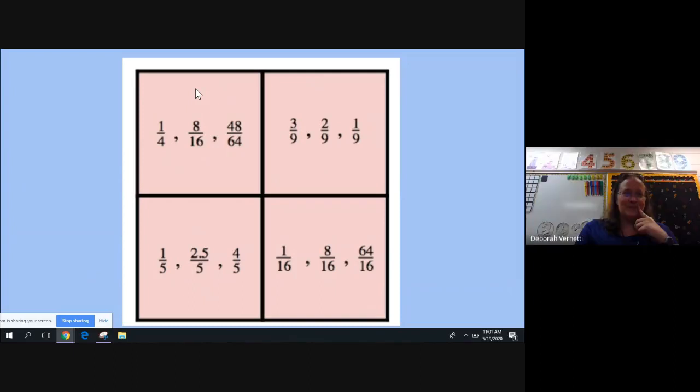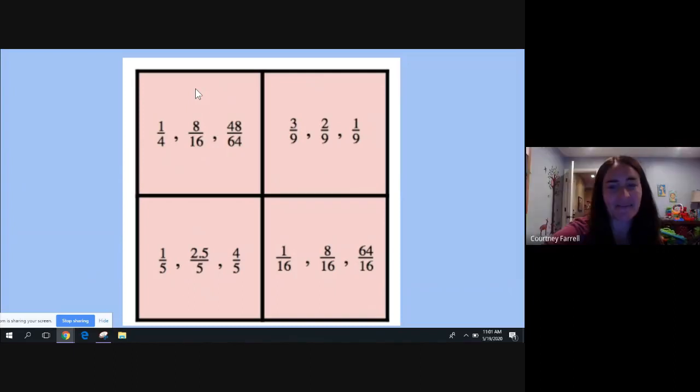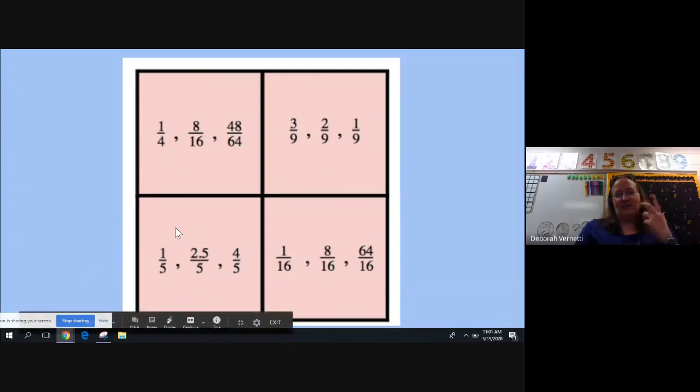That's pretty cool. Can I share with you one that's just really quick for me that I see? Yes, absolutely. I'm noticing down here, there's something that looks a little weird because there's a decimal in the numerator of this fraction, 2.5 fifths.